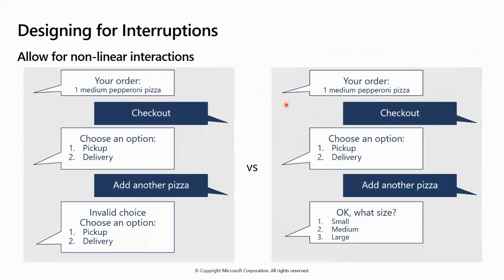In this case, with the adaptive dialogues, your order, checkout, okay, please choose an option, pick up or delivery. Okay, I just remembered, add another pizza. Okay, what size? This is like the Bot Composer I just showed you. It says, hello, I'm the weather bot. Tell me your name. Okay, my name is blah blah blah.